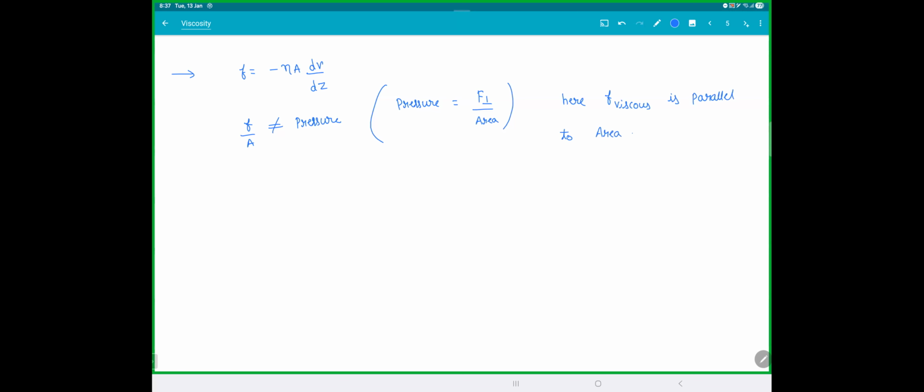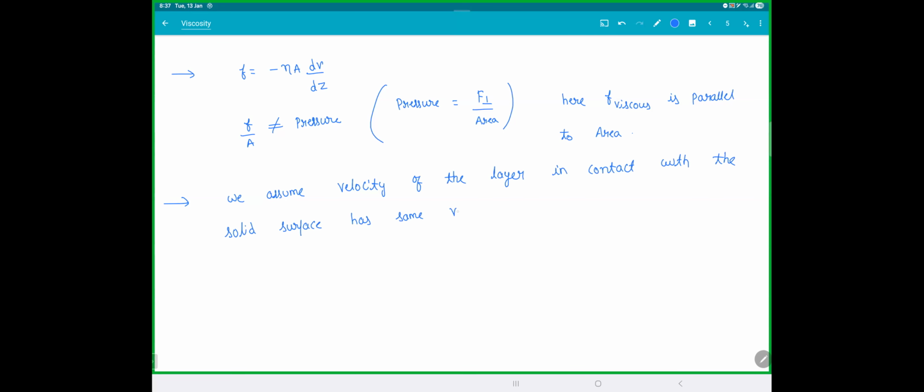And second thing, this is a kind of an assumption. We assume the velocity of the layer in contact with the solid surface is the same as the surface.